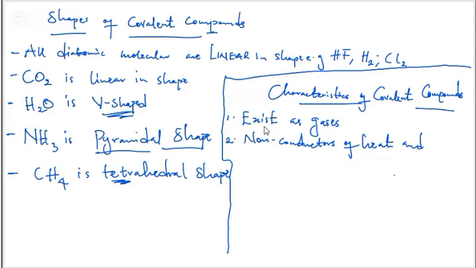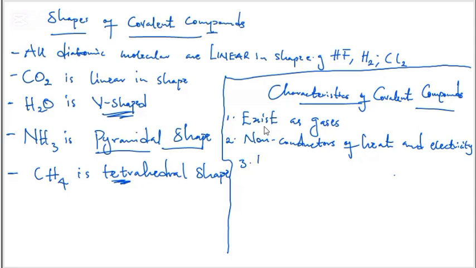Even in their molten state, unlike your electrovalent compounds that we saw can conduct electricity in molten states, they don't form ions, so they can't conduct electricity even in molten states.